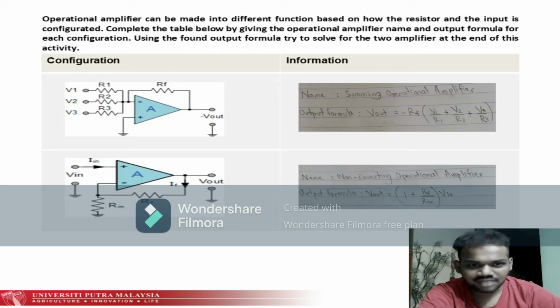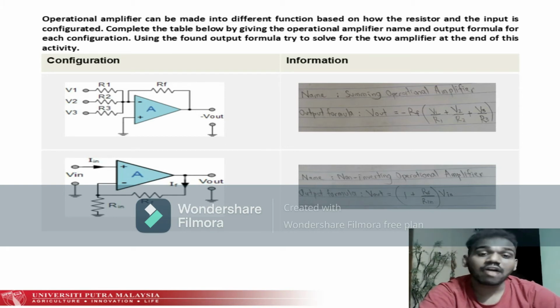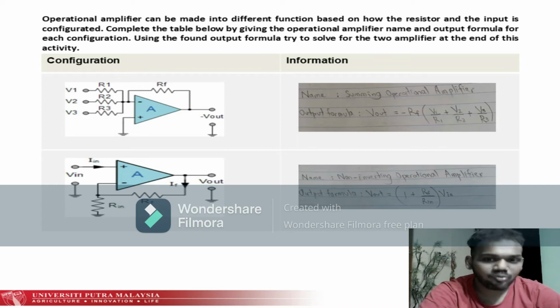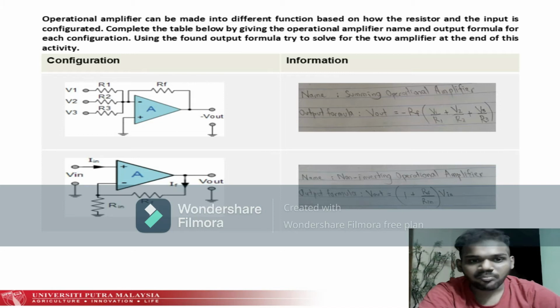So from the diagram, we can conclude that the name of the operational amplifier is the non-inverting operational amplifier, and the output formula will be Vout is equal to, in bracket, 1 plus Rf over Rin multiplied by Vin.